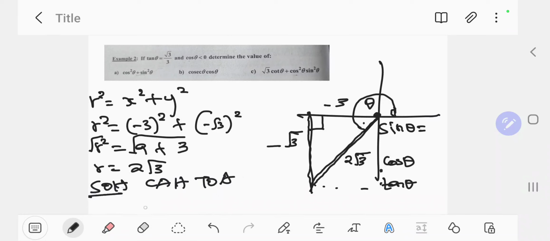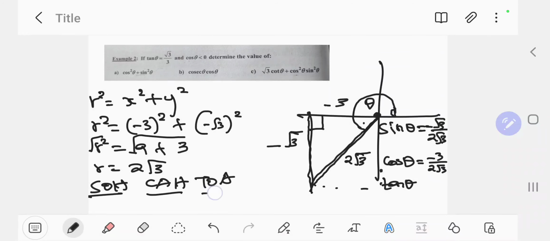So sine of the angle theta is the opposite side, which is going to be negative root 3, over the hypotenuse, which is 2 root 3. And then your cos is going to be the adjacent over the hypotenuse. Adjacent is negative 3 over the hypotenuse, 2 root 3.